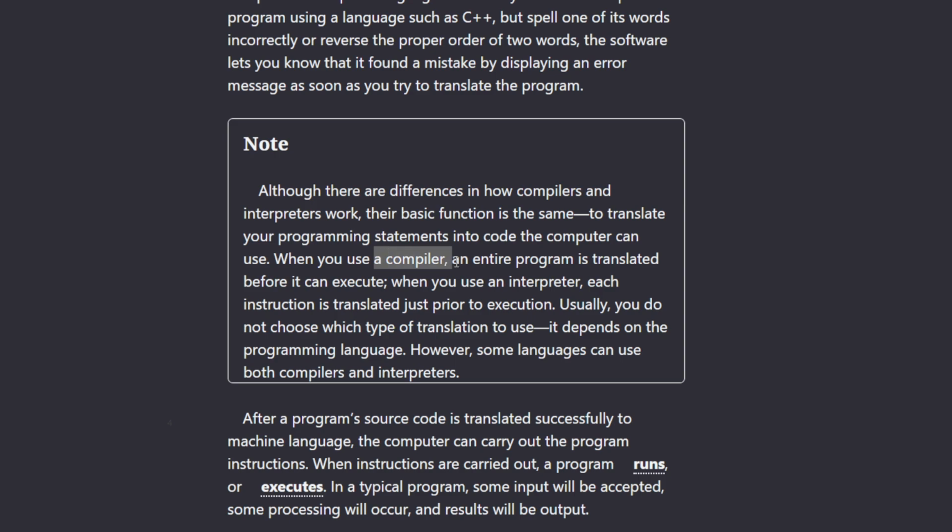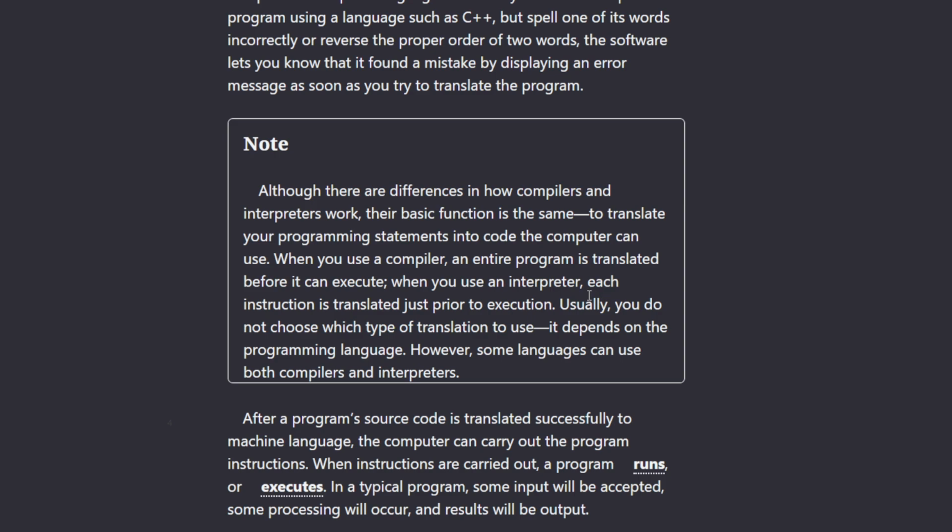When you use a compiler, the entire program is translated before it can execute. While on the other hand, with an interpreter, each instruction is translated just prior to the execution. So that's the difference. A compiler: the entire program, keyword, entire program. Interpreter: each instruction is translated line by line.